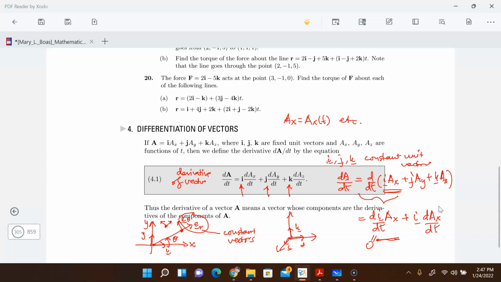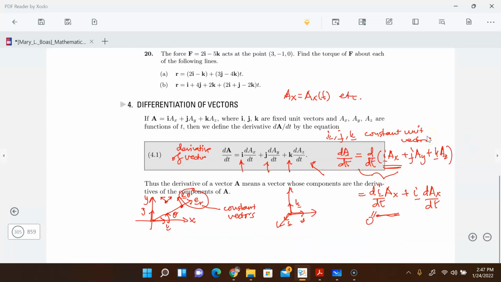So one has to be careful when you differentiate a vector. You need to make sure what the unit vectors involved are. If the unit vectors are coming from your x, y, z coordinates, then they are essentially constant, and you can just simplify it to this. But if not, then you need to do more differentiation. Okay, so I think that should be enough.